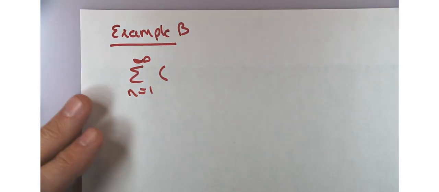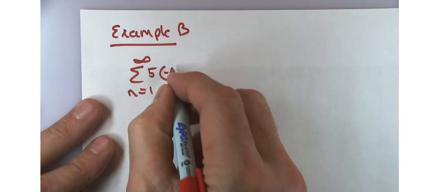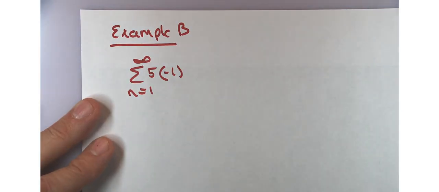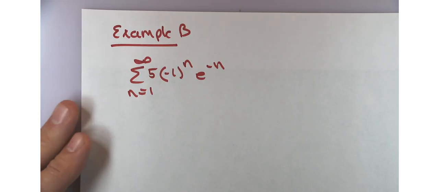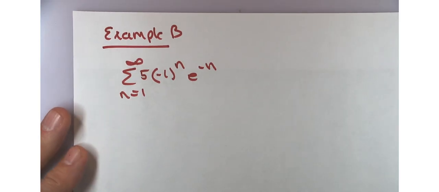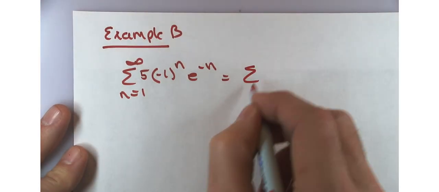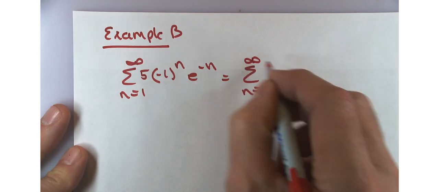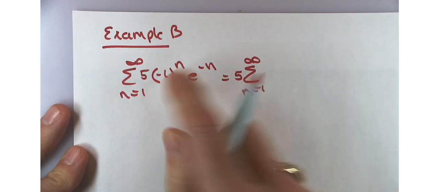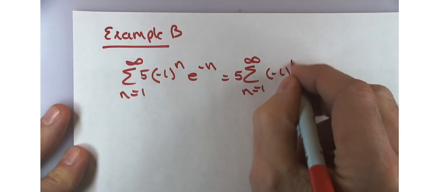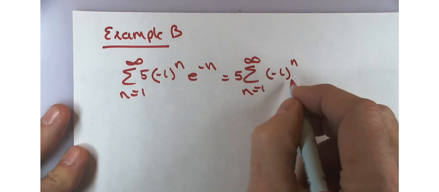We've got 5 times -1 to the n over e to the negative n. I could rewrite that as the sum from n equals 1 to infinity of, let's pull the 5 out in front, -1 to the n over e to the n.